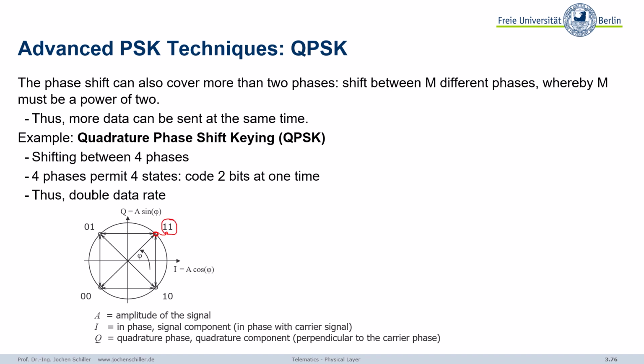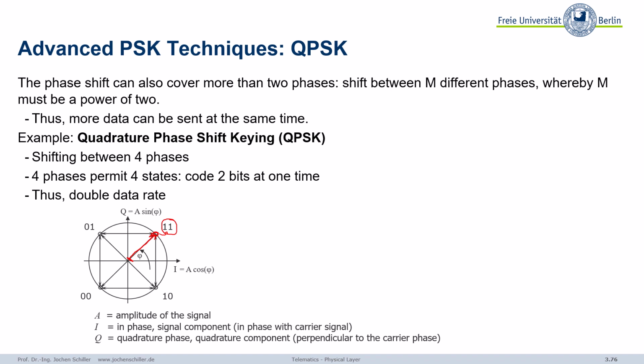Why? Because we have the same amplitude. Amplitude is the length of this vector. Basically, that's the circle around here. So all those 4 points have the same amplitude. But now we code the bits in the phase shift of our signals.